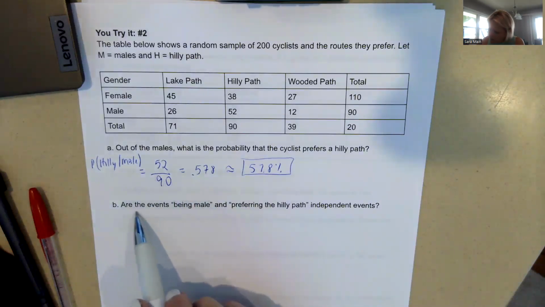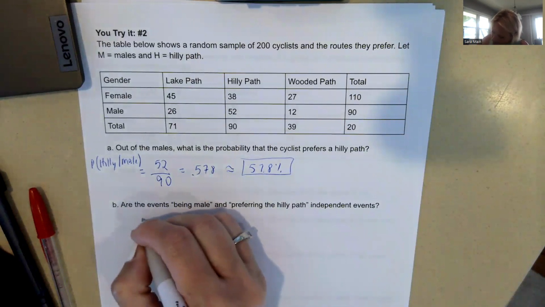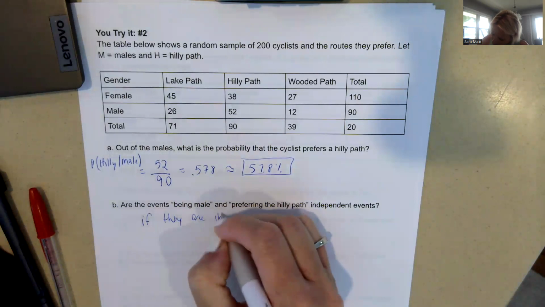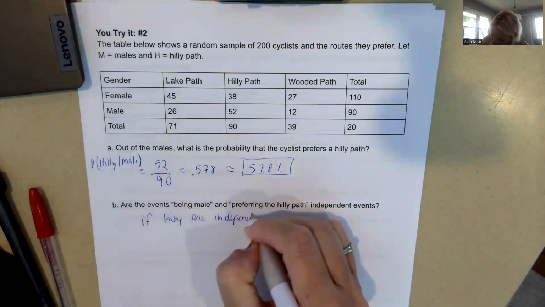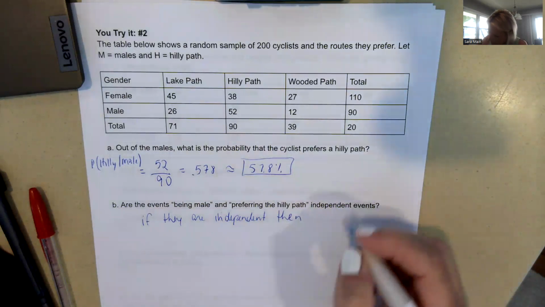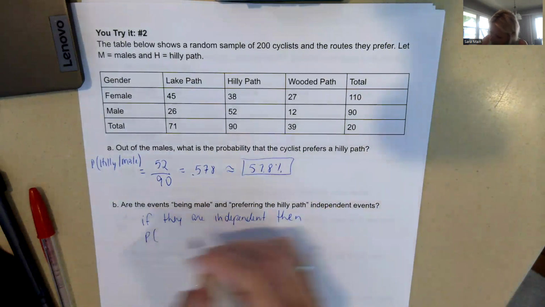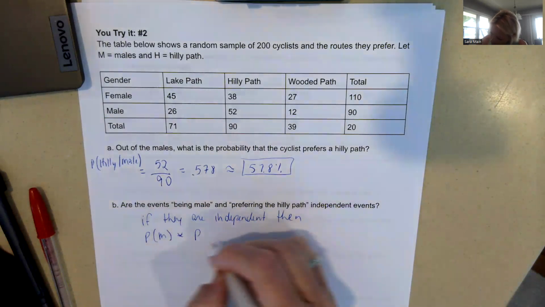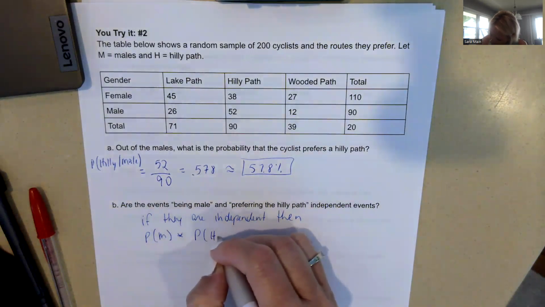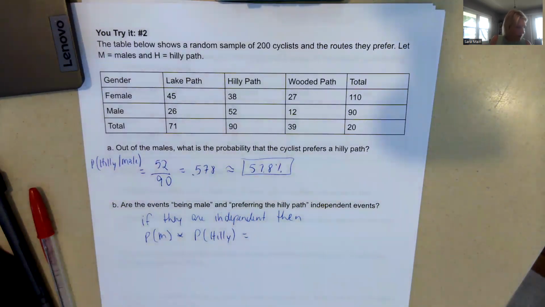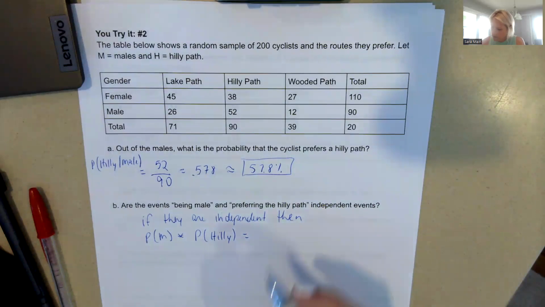And if they are independent, then the probability of male times just the probability of hilly. So we went over this in the last chapter.